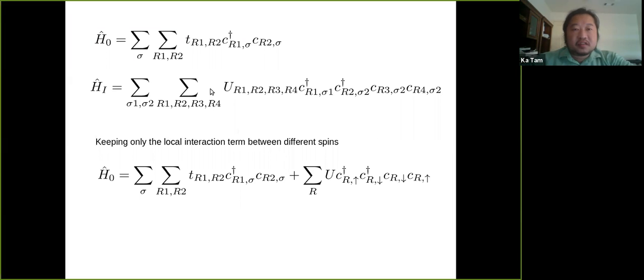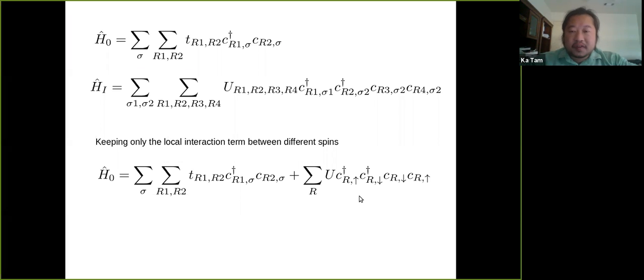So we're connecting the term from the previous page. The first equation is hopping. The second equation is interaction: truncate all the possible long-range, non-diagonal interactions.